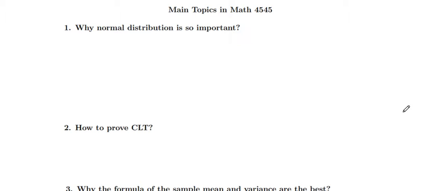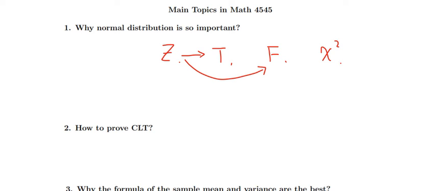In applied stats, we have the normal distribution, the z table or standard normal, the t table, t distribution, f distribution and chi-square distribution. All of them just come from normal.